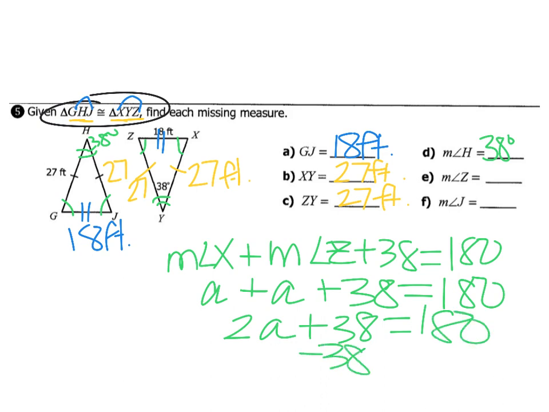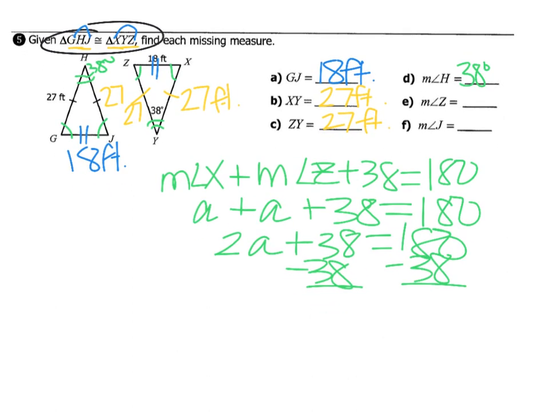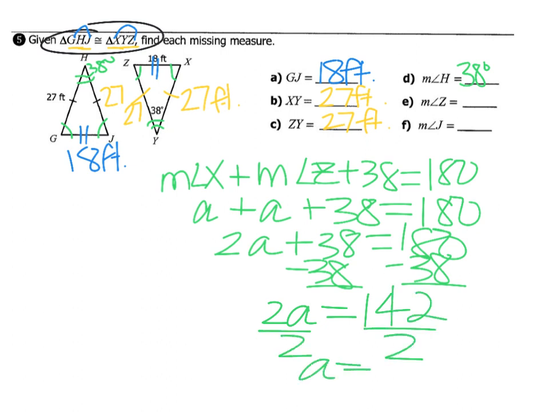So subtract 38 from both sides, and we get that 2A equals 142. Divide both sides by 2, and A equals 71. So each of these base angles, X and Z, has to equal 71 degrees.